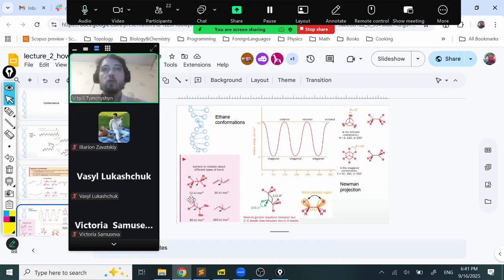Here we have once again rotation around a single bond, but it needs even more energy, 85 kilojoule per mole. And who can guess why? Why do we need in this case much more energy than in this case?